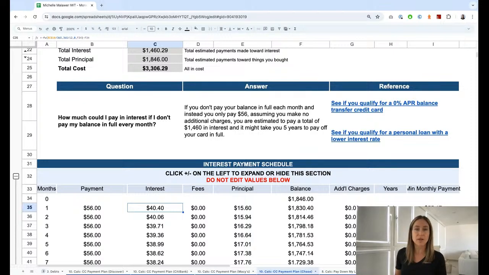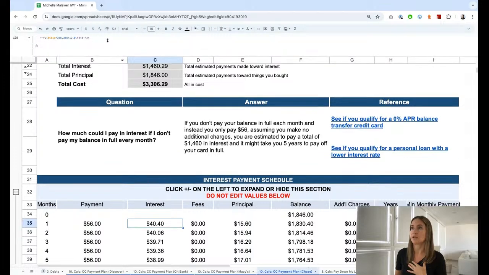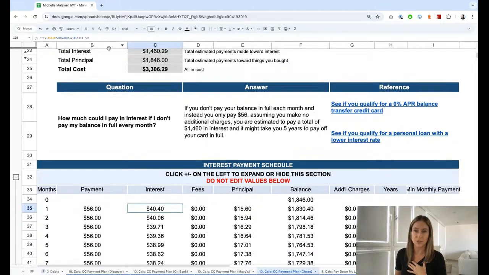Is it on a monthly basis? Is it compounding daily? My understanding is that it's compounding daily for credit cards, and that's the formula that I've included here. But the reality is we don't know what each bank is using for their math, and that would be a question for the bank.